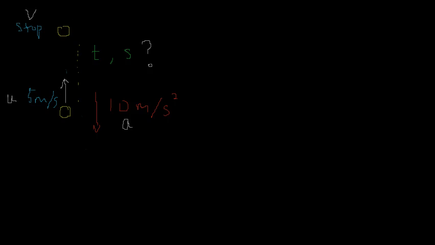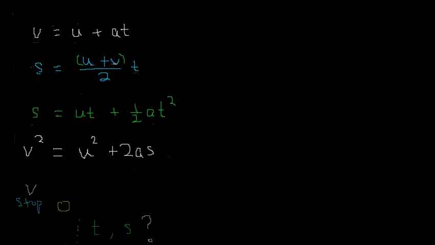The quantities that are involved right now are U, V, T, and A. So let me remember that, and I'll just write this down: U, V, T, and A. Alright, so what I need to do is look through these 4 equations and see which of these contains U, V, T, and A. And it's just the first one.